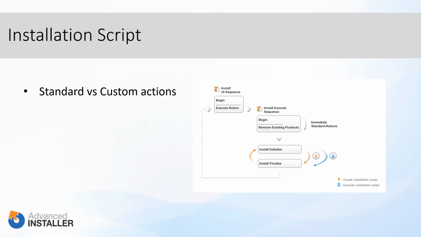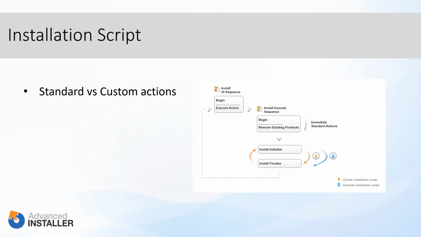I'll show you a detail of how these steps take place during an MSI installation in a minute. The execute sequence contains a list of standard actions that start with begin and end with install finalize. For example, if you're running an MSI silently from the command line, only the actions from the install execute sequence take place.